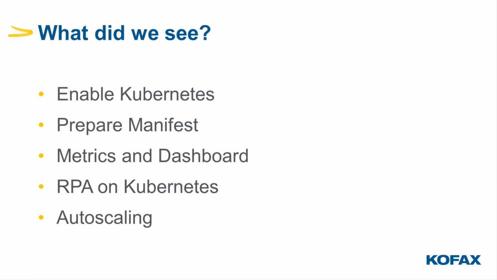So I hope you enjoyed this demo, but just to recap, what did we actually do during this almost half-hour long video? First, we enabled Kubernetes in Docker Desktop. I talked about how to prepare a proper manifest for Kofax RPA. We talked about the metrics server and how to set up Kubernetes dashboards.